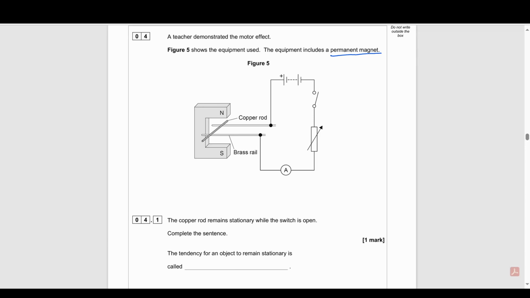The copper rod remains stationary while the switch is open. Complete the sentence. The tendency for an object to remain stationary is called. So we're dealing with forces now, and if an object tends to remain stationary, tends to remain at rest, because that's what stationary means. This is linked to Newton's first law, and this actually is known as inertia.